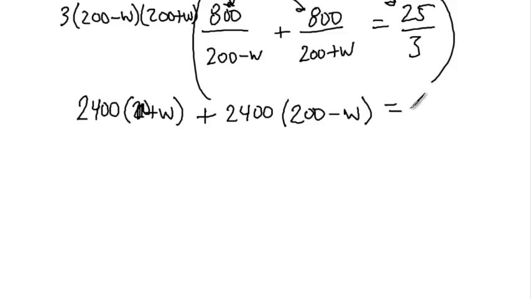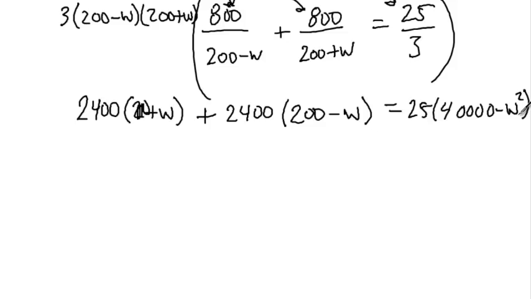So we have 25 times, and we can FOIL this together for that. So that's going to be 4 with 4 zeros, so 40,000 minus W squared.